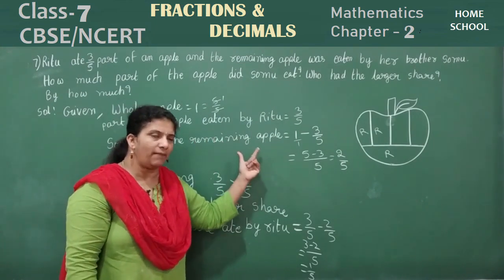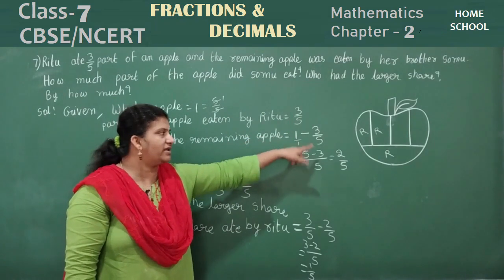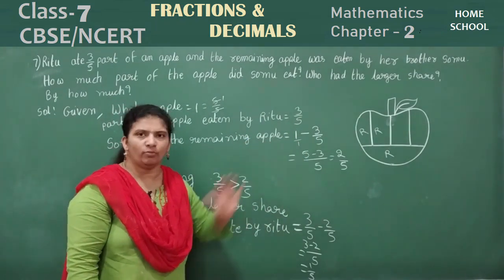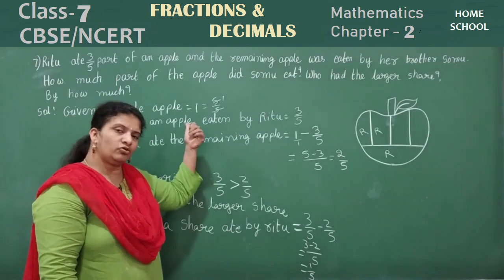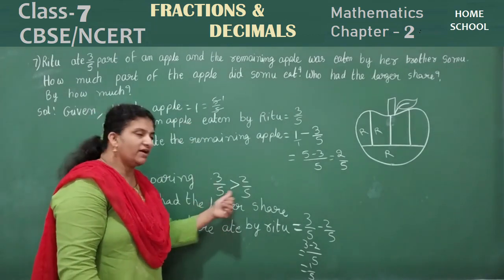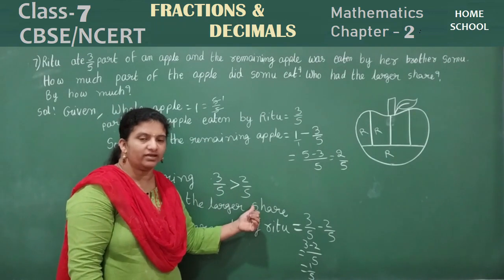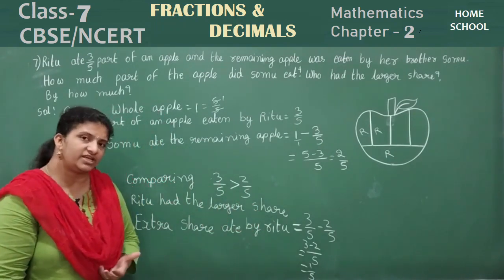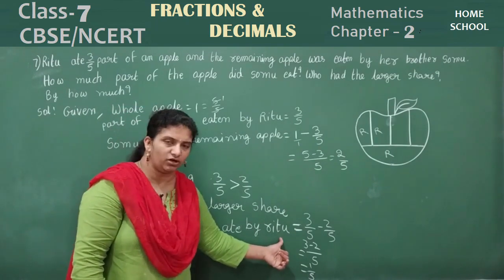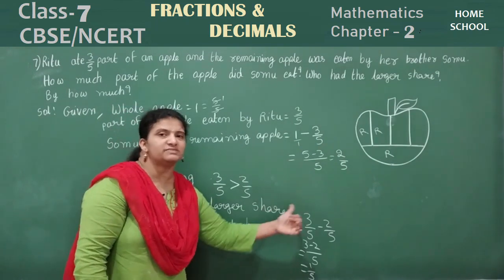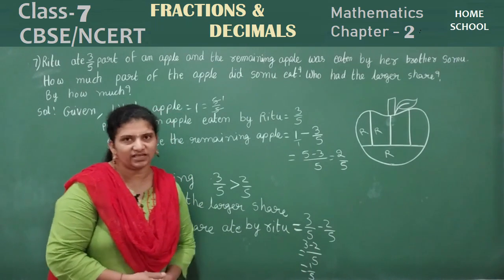In one whole apple, we need to subtract this 1 minus 3 by 5. That will be 2 by 5. So now who ate greater? Ritu ate more. 3 by 5 is greater than 2 by 5. Then how much share extra she ate? Extra share eaten by Ritu is equal to, how do you know? By subtracting we get the extra share.